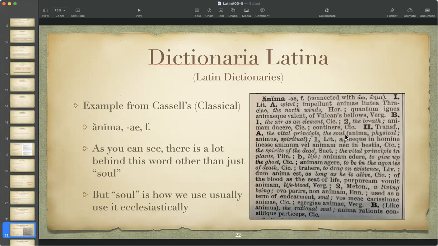But generally, as I said, this is a classical dictionary, so you're not going to see a lot of these very often. Generally speaking, if you see it in an ecclesiastical setting, it's referring to soul. But that is what you see in a dictionary.